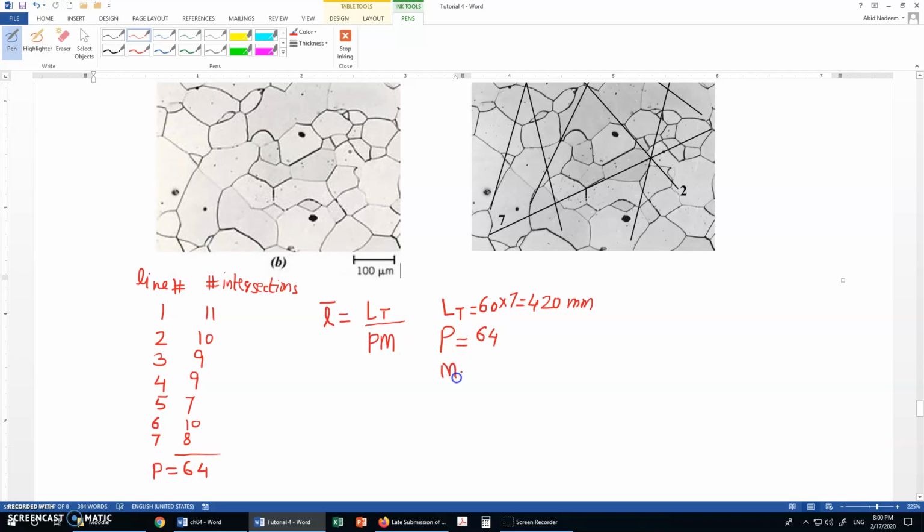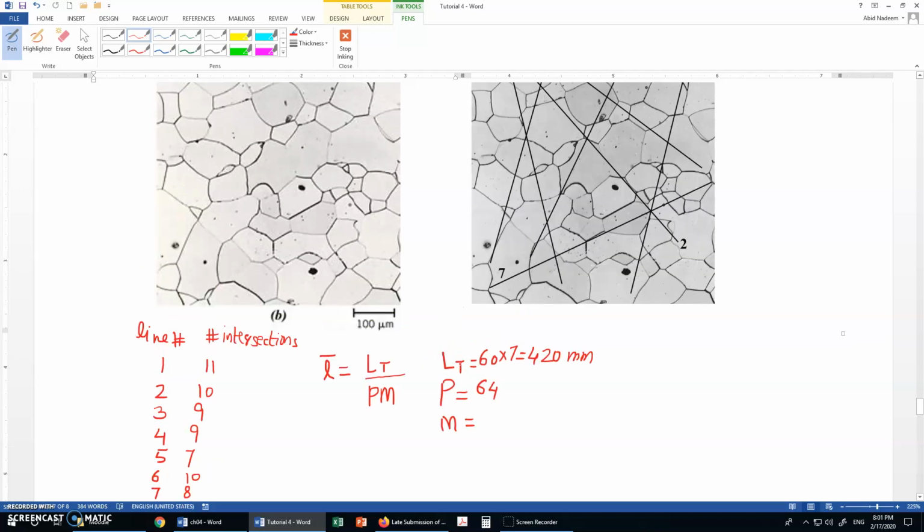M is the magnification. The magnification will be given. Although the scale is shown as 100 micrometer, in the book the magnification is already mentioned as 100x. Remember that the scale bar is not the magnification.